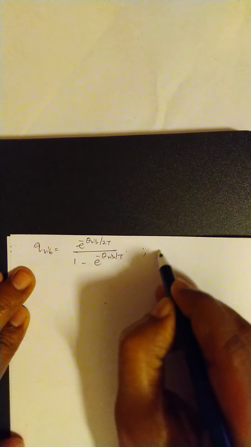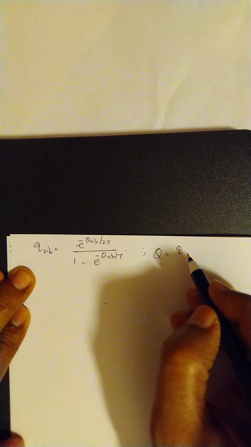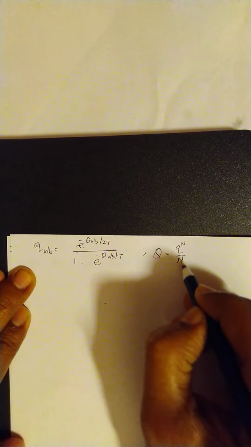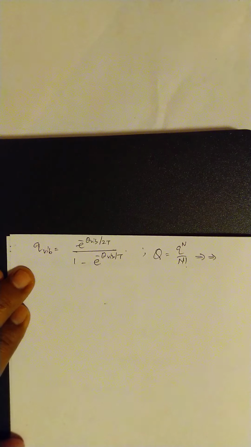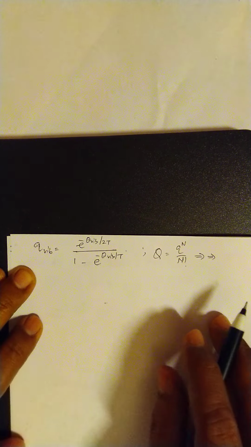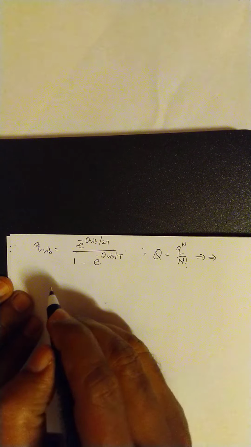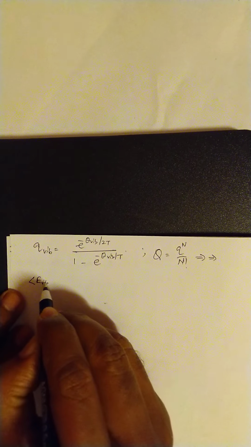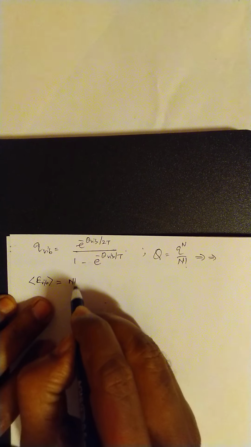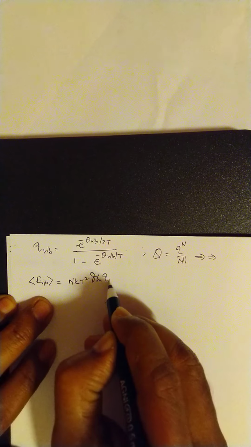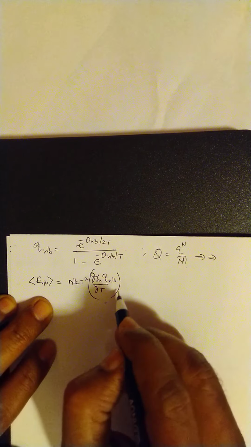Let me write it again: Q vibrational equals e to the power minus theta vibrational by 2T divided by 1 minus e to the power minus theta vibrational by T. Now, we know that Q will have q to the power N by N factorial, and if we go to the vibrational contribution part and substitute, you will find that the vibrational contribution to energy comes out to be NkT square del ln q vibrational by del T at constant N, V.